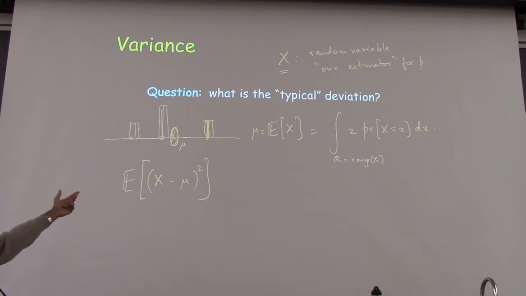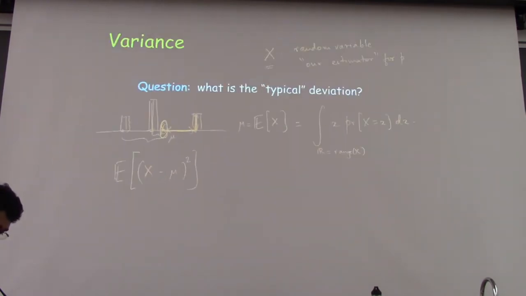In some sense, what you're measuring is the expected value of distances like this. With some probability you are this distance from mu, with some other probability you are this distance from mu, and so on. So the variance is the expected value of the square distance to the mean. And this is a very useful parameter for a random variable, as we will see.